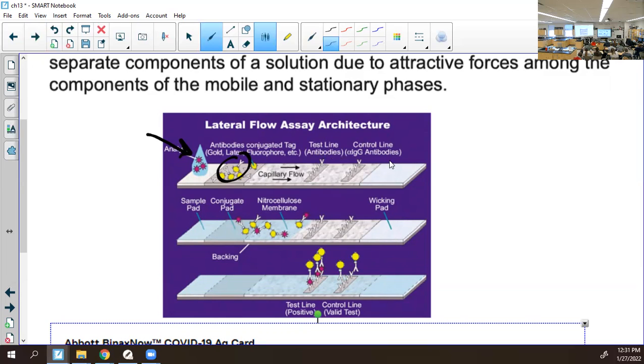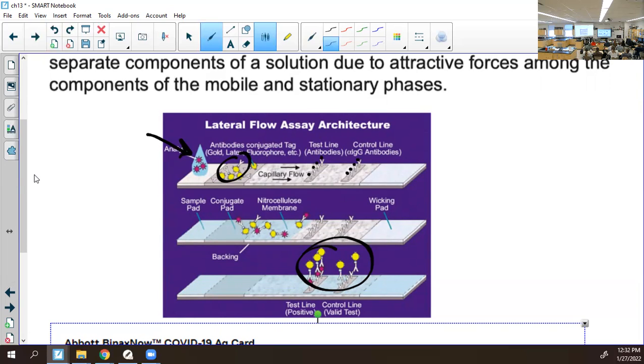If you've ever put a paper towel in water, you know water will climb up it due to capillary flow. What happens is it takes the things from your nose, and if they bind with these 2 acceptors, then you get 2 lines. And if you get 2 lines, you're sort of screwed, right? It means you're positive.